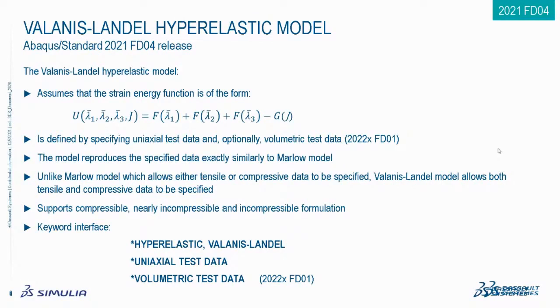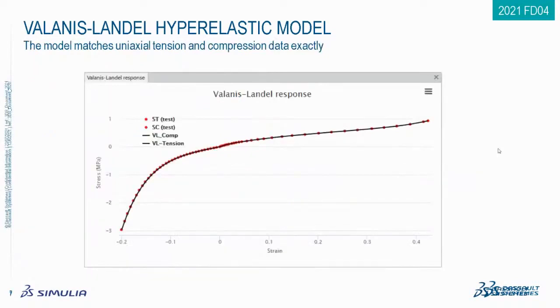It's very similar to the Marlowe model that's been available in Abacus for many years, with the exception that this Villanis-Landau model now enables exact representation of the test data in both tension and compression. You can see the example here where we have a material test curve that spans both tension and compression, and the simulation is able to reproduce that test curve directly.